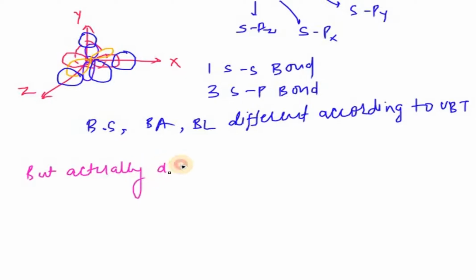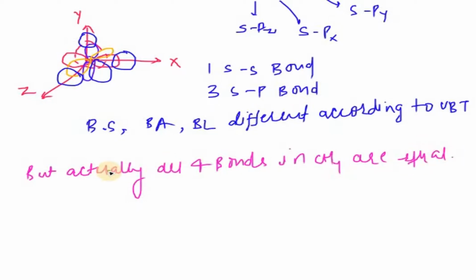Now if we look at the original structure of methane CH4, actually all 4 bonds in methane are similar, they are equal. And the bond angle we found is 109 degrees 28 minutes.